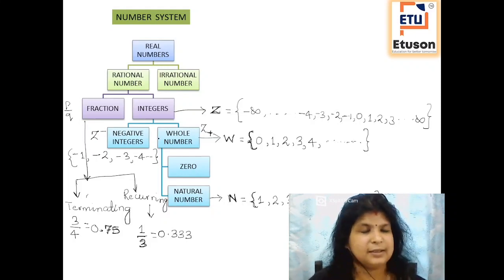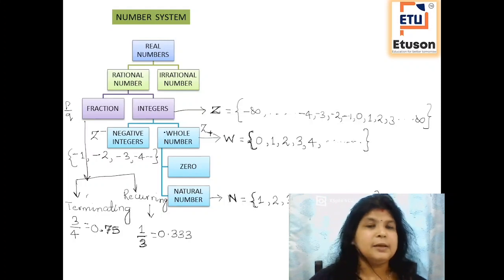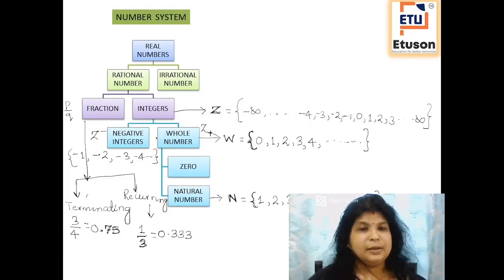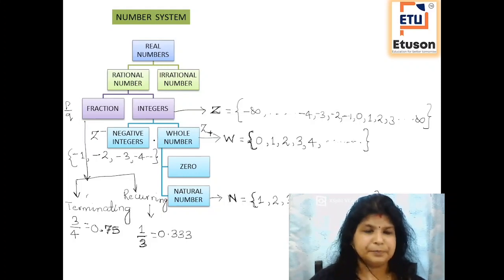All these numbers taken together make rational numbers. Are you getting it? So rational numbers include fractions, integers, negative integers, whole numbers, zero, and natural numbers. Everything is included in that.